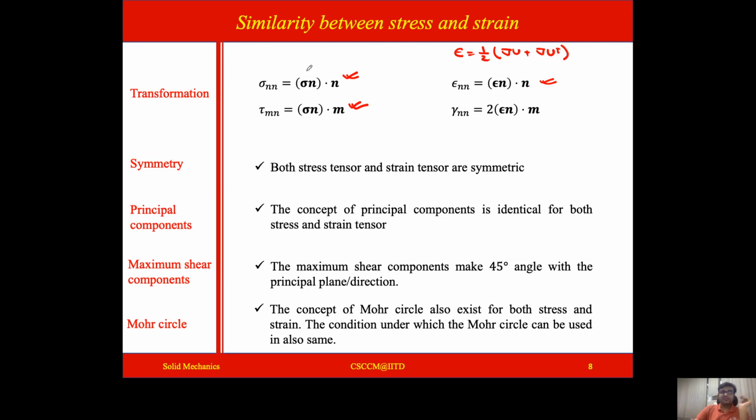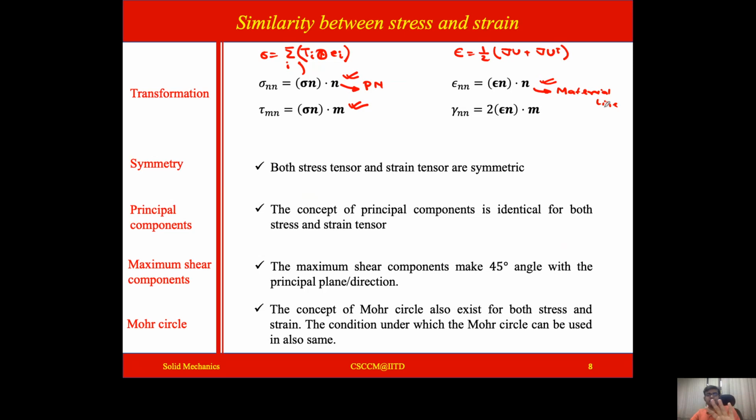That is what epsilon is, and sigma was summation ti tensor product ei, right? So that is what sigma was. And this n here is plane normal, while this n here is a material line, or you can say a line element.